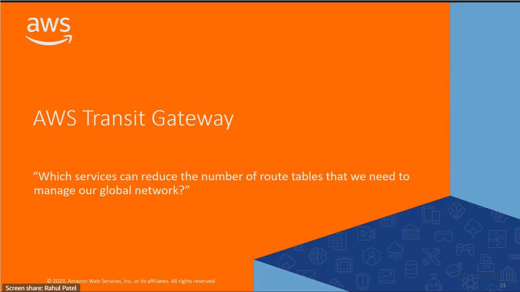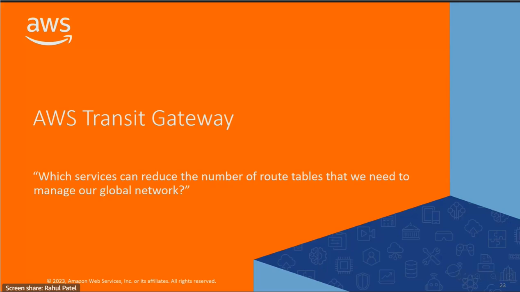So to overcome this limitation, or to reduce the number of route table entries, how can we manage our global network? Like in the previous example with CloudHub, if we have n number of locations and VPCs connected to each other, managing such a network becomes a complex task.